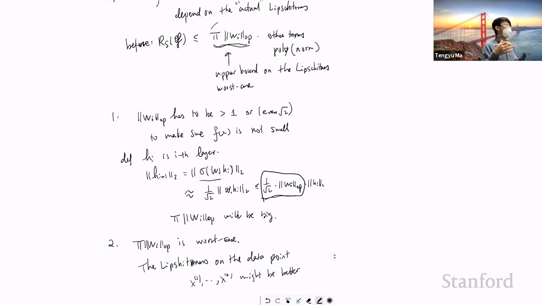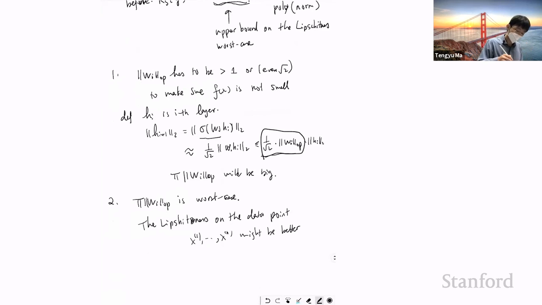Or the Lipschitzness on the population distribution, on x from P, could be better. And this bound doesn't capture that.